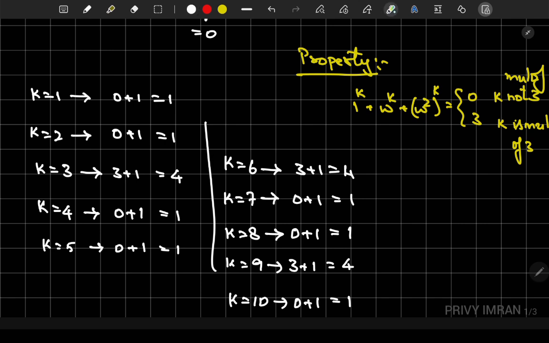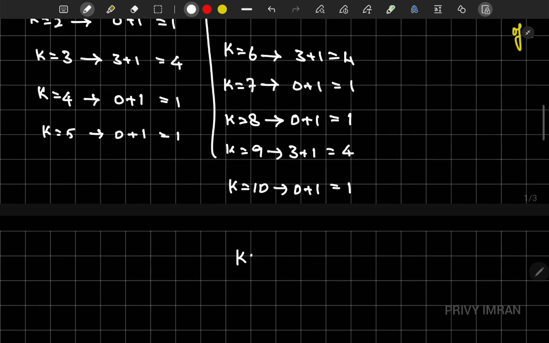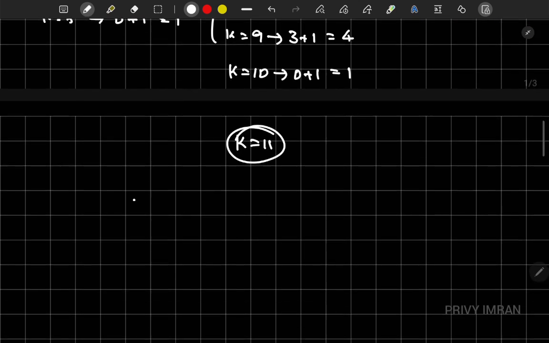Now let me calculate the sum. So by this I reach sum equal to 19. But I need the sum as 20, hence k value is 11. If k value is 11, then the sum will be equal to 20. Therefore n equal to 11 is my answer.